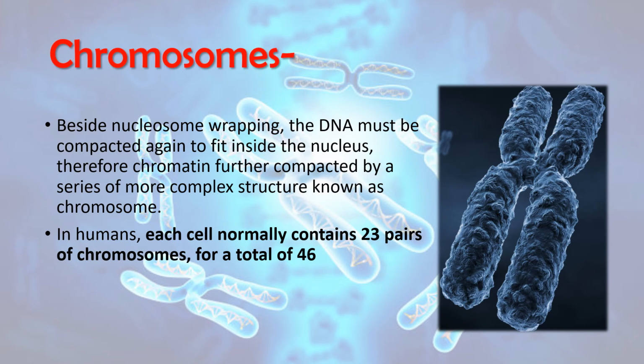Next, what are chromosomes? Chromosomes are nothing but the more compact version of chromatin. Chromosomes are made from chromatin arranged in a more compact form. Suppose this is our chromatin; during cell division it gets condensed, compacting again and again to form this structure.